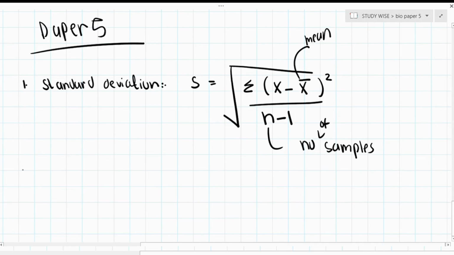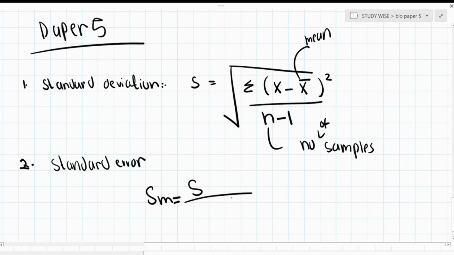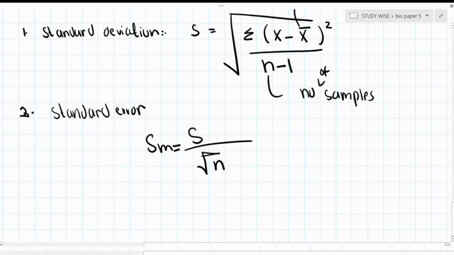Alright, so 2 is going to be the standard error, which is basically equal to the standard deviation over the square root of the number of samples times the number of replicates, of course. And it shows the error that lies in a sample mean.